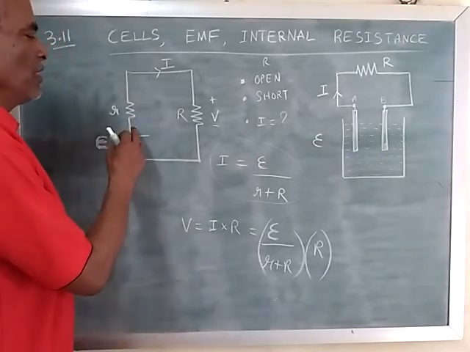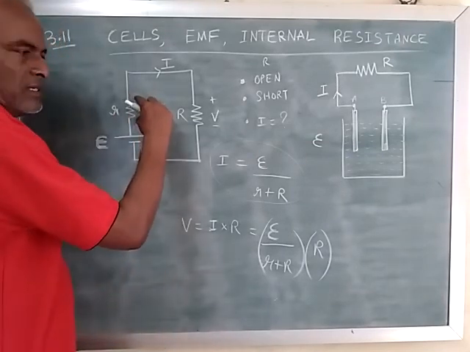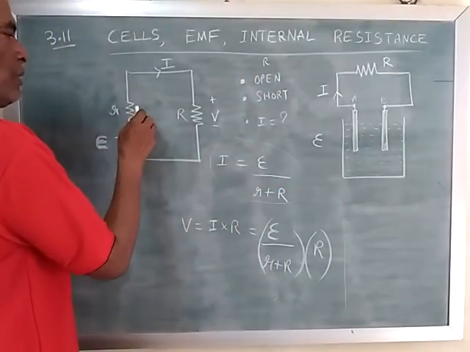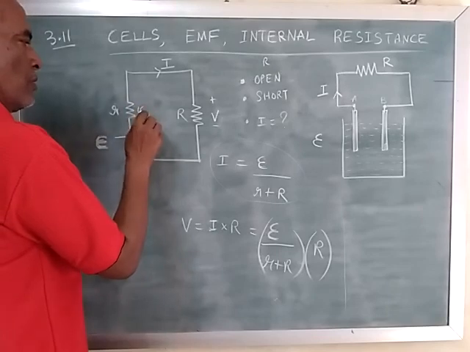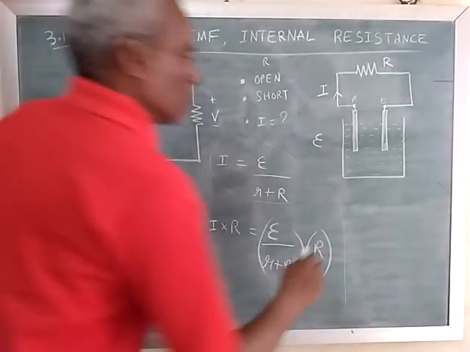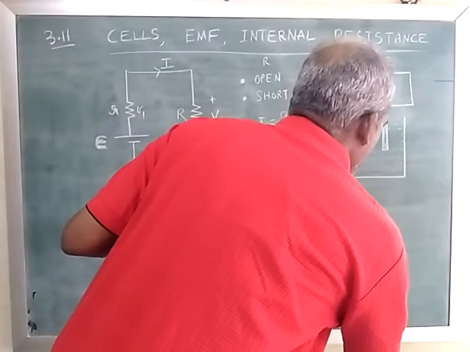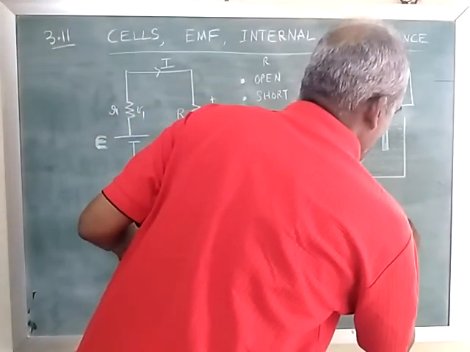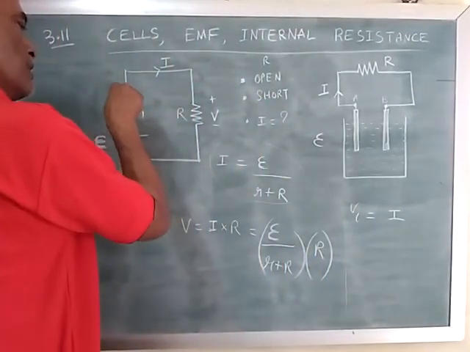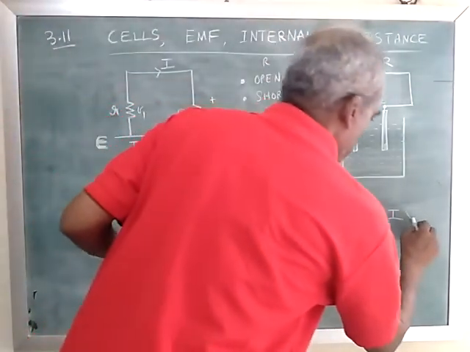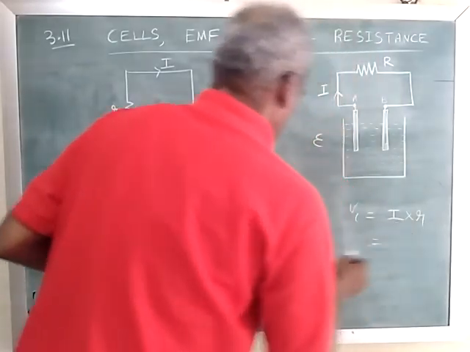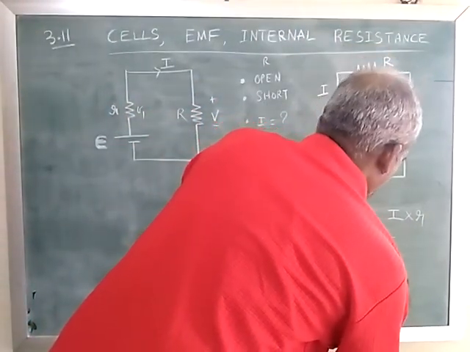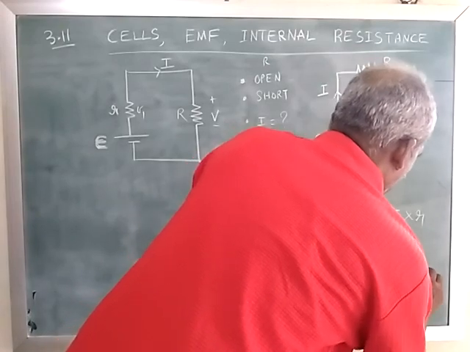So if you see the voltage drop across this internal resistance, I am calling this as small v1. So v1 is equal to the current flowing through the circuit I into the internal resistance of the cell, which is r. Now what is I? I already we know, E divided by R plus r, into r.